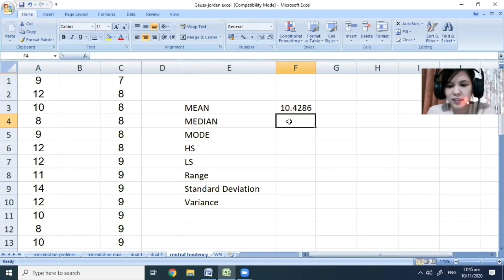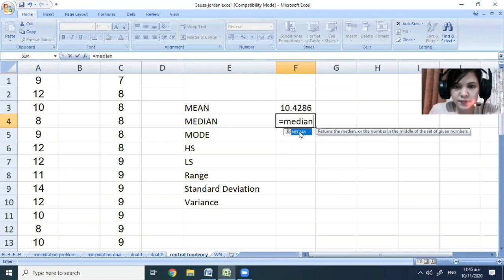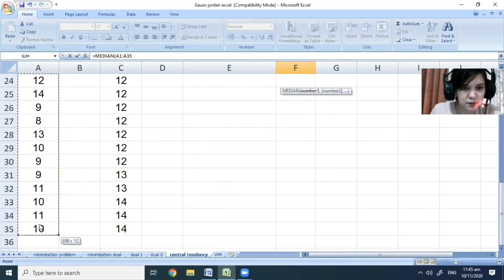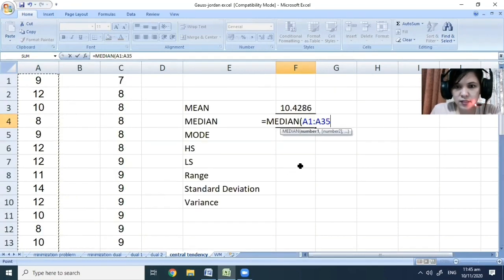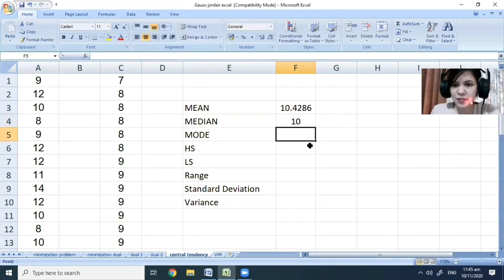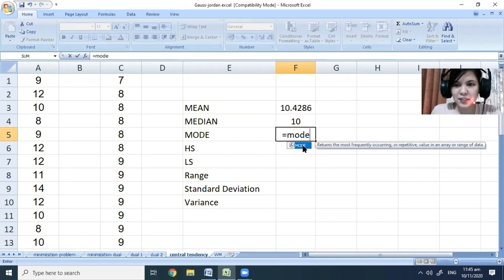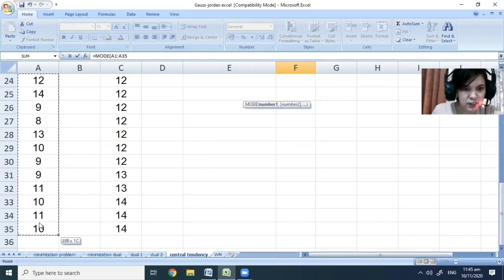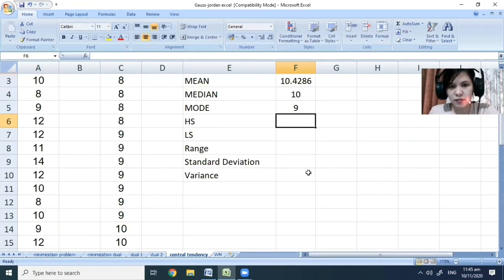Then median, click equals, then type median, again highlight or drag the values from A1 to A35 cells, click enter. So that's your median. For mode, type equal sign, then type mode, then the formula will appear, then drag again from A1 cell to A35 cell, then enter.